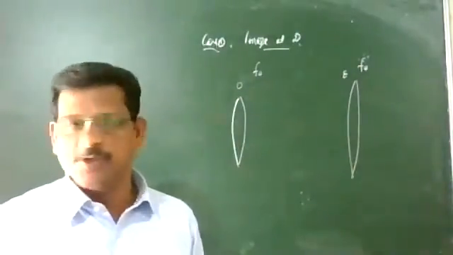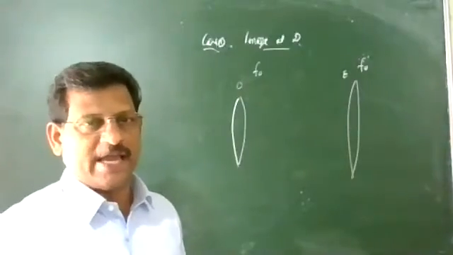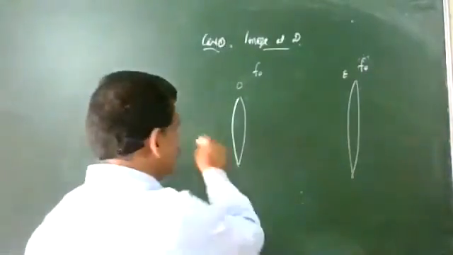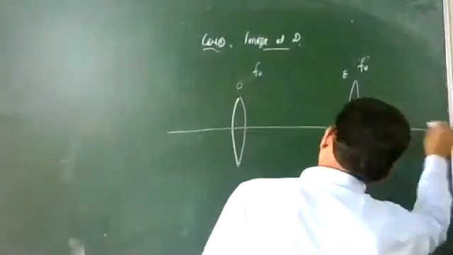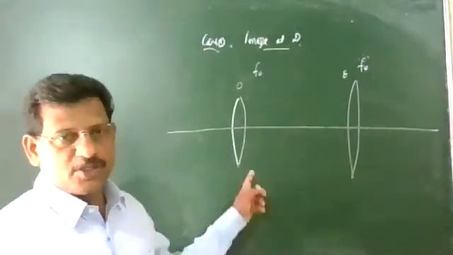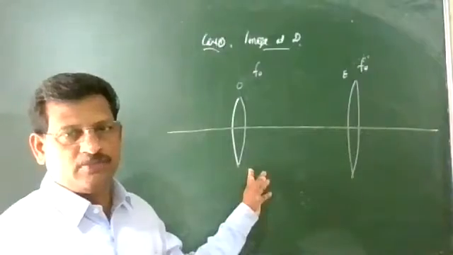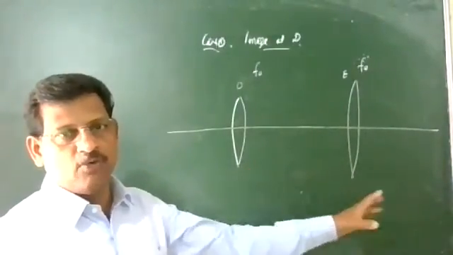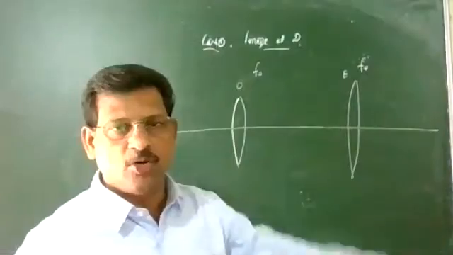They have a common principal axis. They are fitted at the ends of two coaxial tubes which can be moved to and fro, so the distance between them can be adjusted.